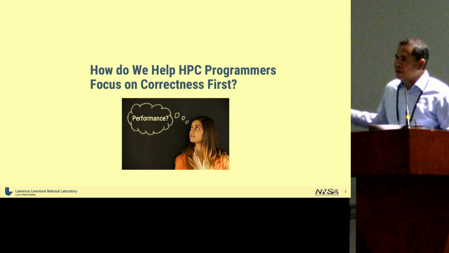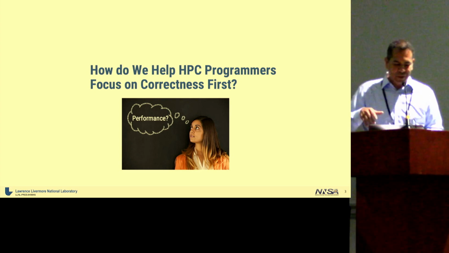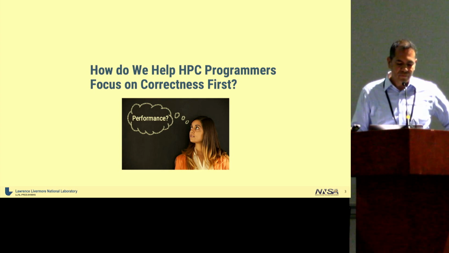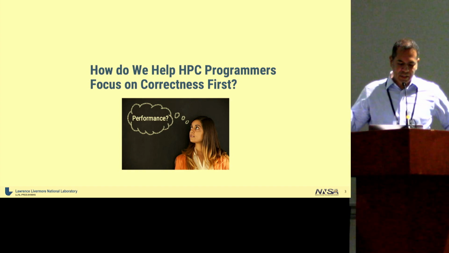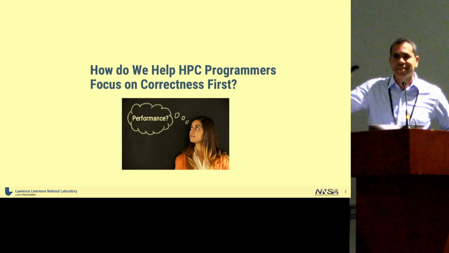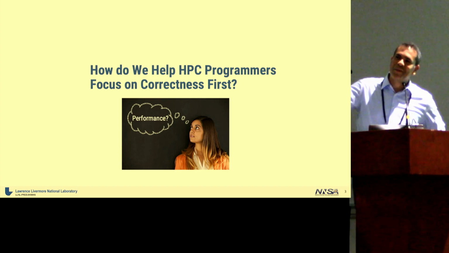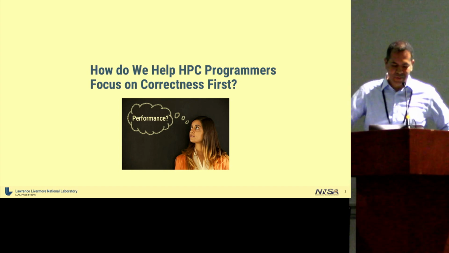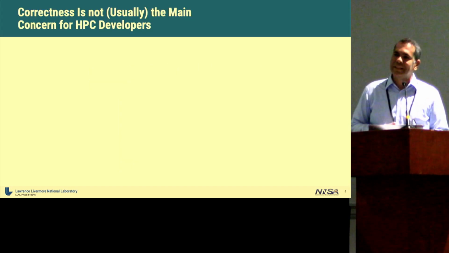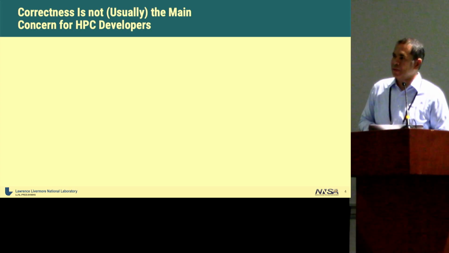In this talk, I would like to answer a specific question, which is the question in the title of my presentation: how can we help programmers focus on correctness before they even think about performance? Performance is in the title of the domain, right? High performance computing. But I think correctness is not usually the main concern for HPC developers.